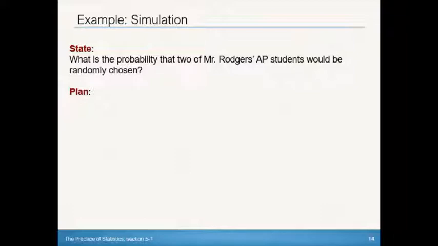All right, so how are we going to do this? This is where the plan comes in. So we're going to use a random digit table. And how are we going to use the random digit table? That's the key here. All right, so we're going to look at 2 digits at a time because there are 95 students total. We want to set up some of the numbers to represent Mr. Rogers' students and some of the numbers to represent non-Rogers students, right?